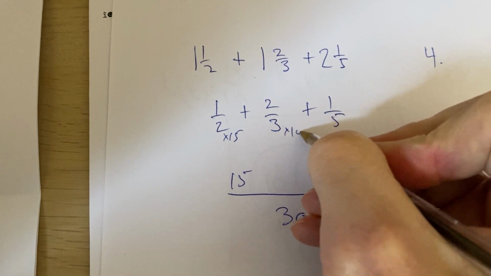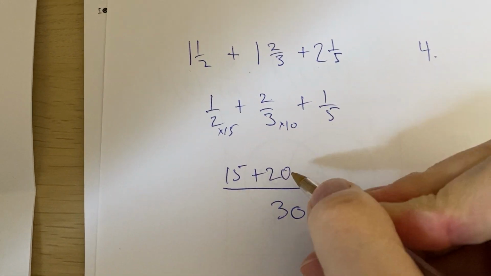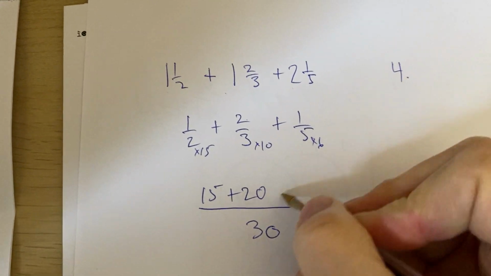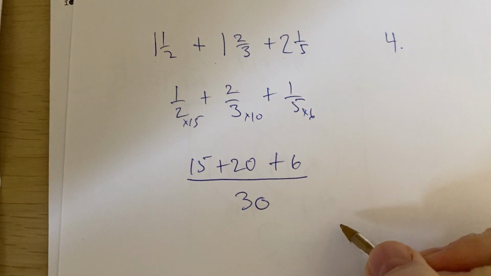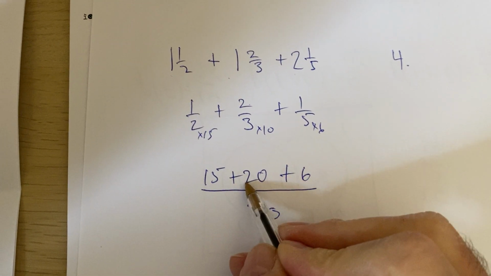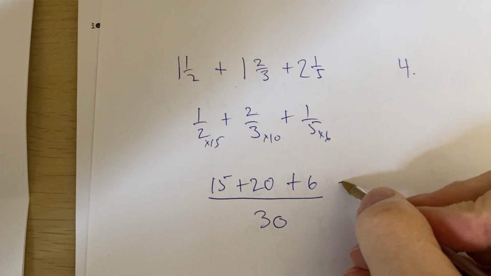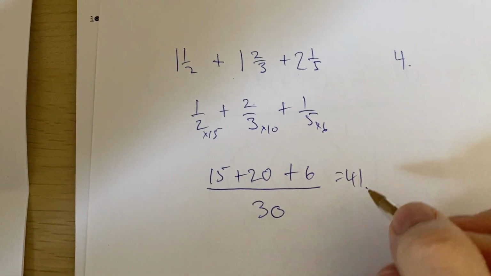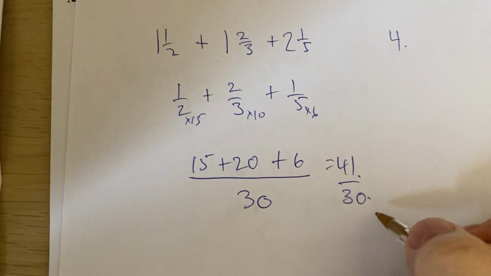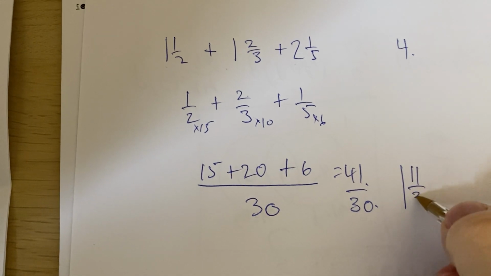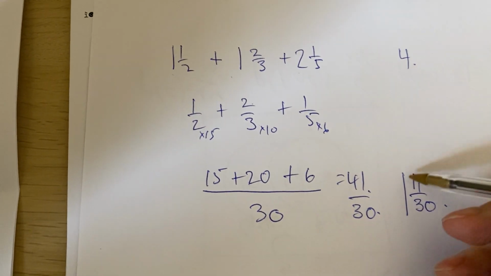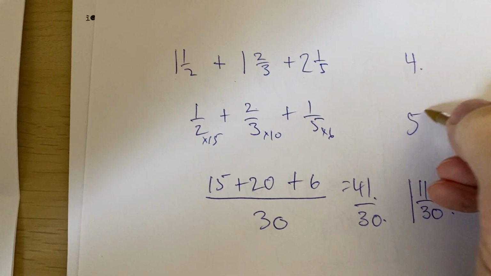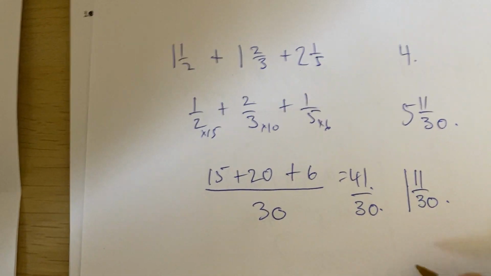I times that by 10, so that's 20. And I times that by 6. So that'll be 6 there. So that's 30, 5, 41. And then that's 41 over 30. How many 30s in 41? 1 with 11 remained. Plus the 4 makes that 5 and 11/30.